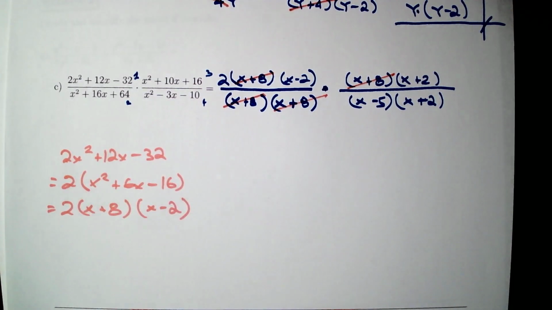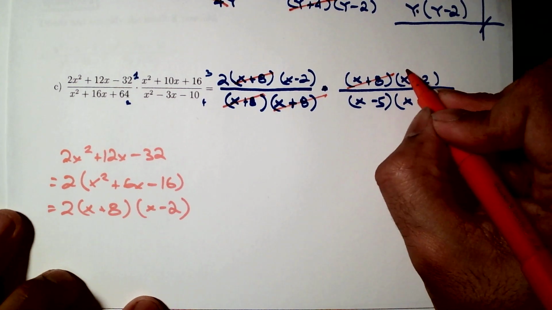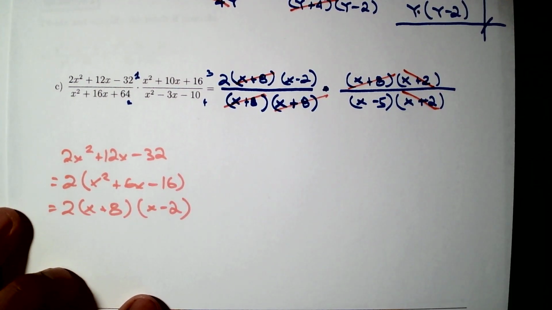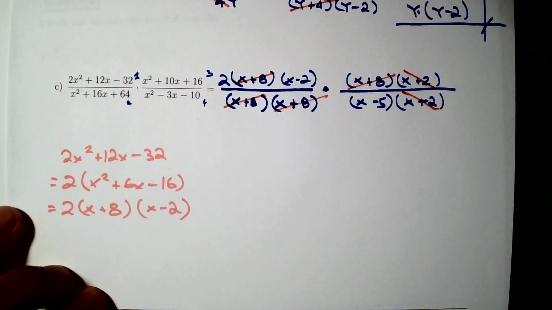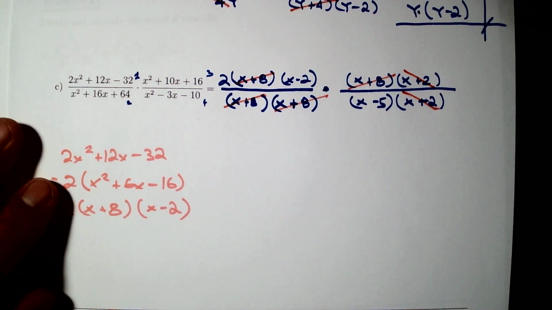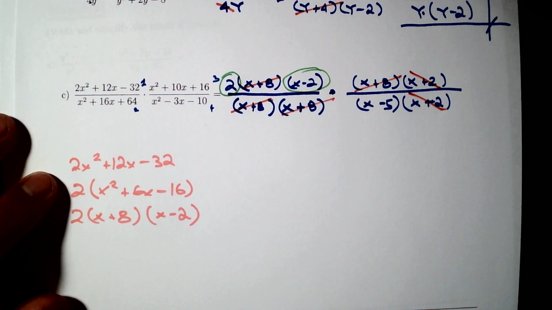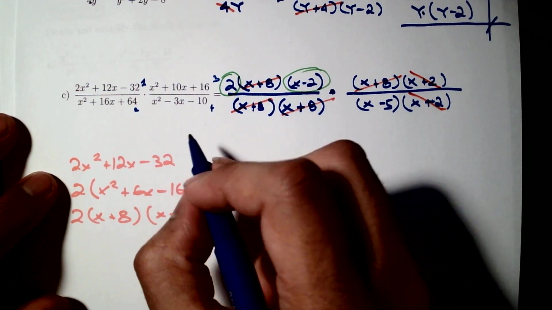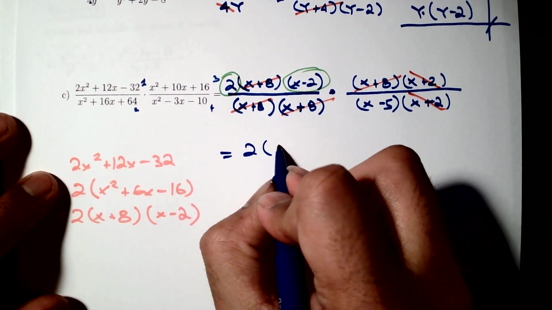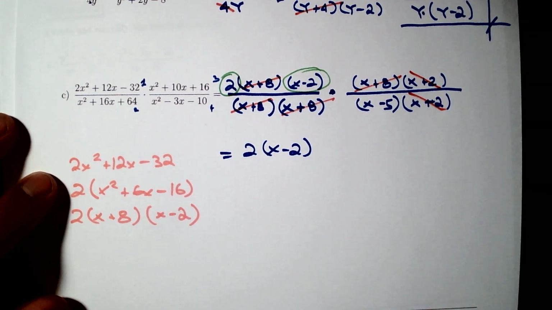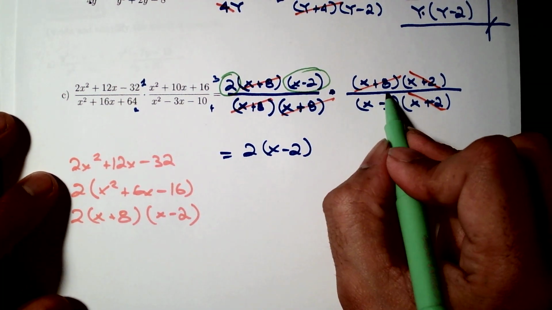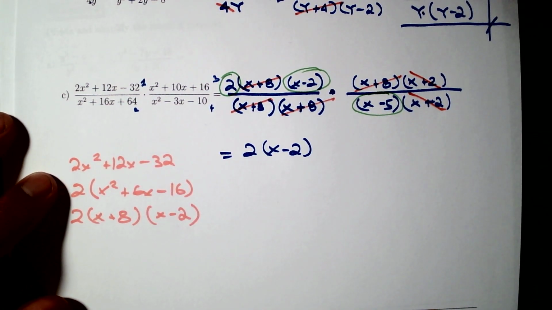What else do we have? Do we have anything else? Maybe x plus 2 with x plus 2. What are we going to be left with in this case? It looks like there's nothing else to divide out. We are left with 2 times x minus 2, and in the denominator we are only left with x minus 5.